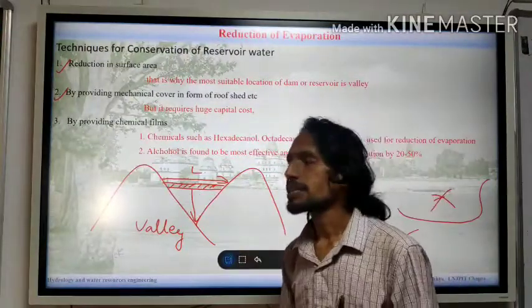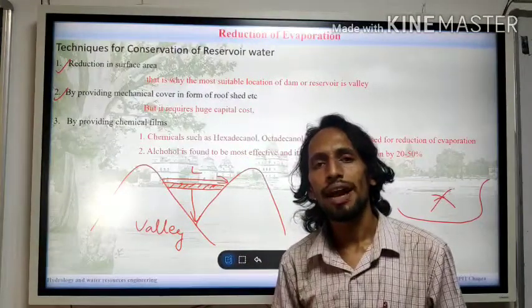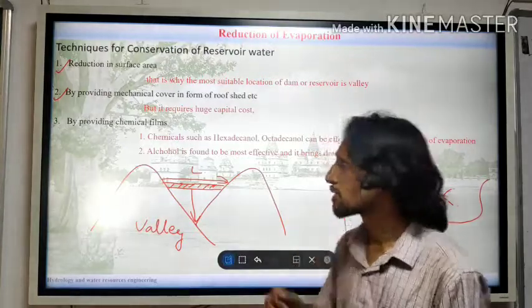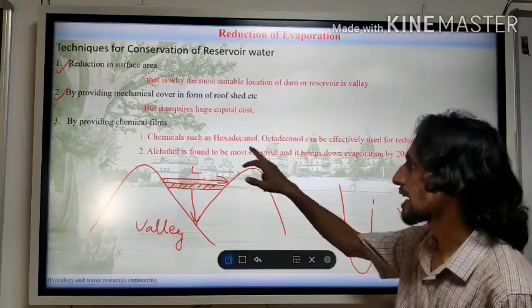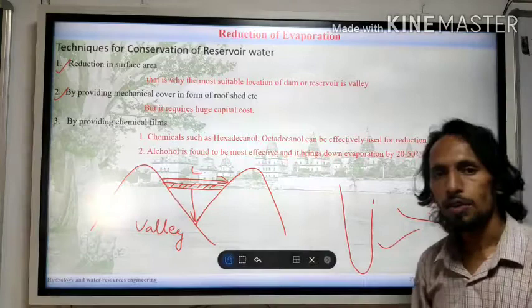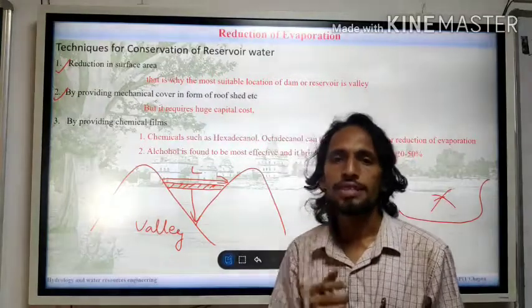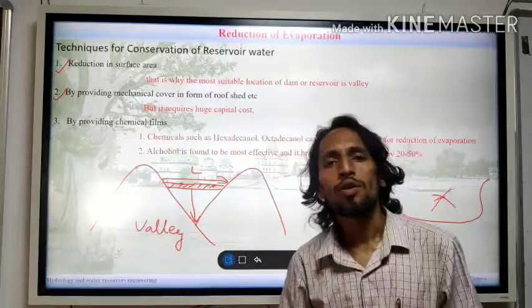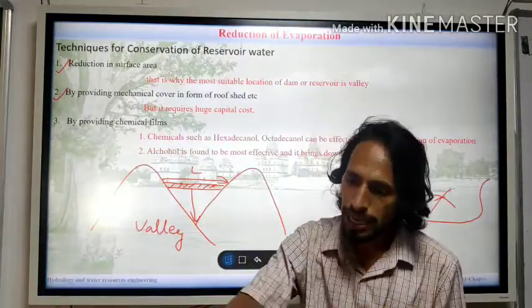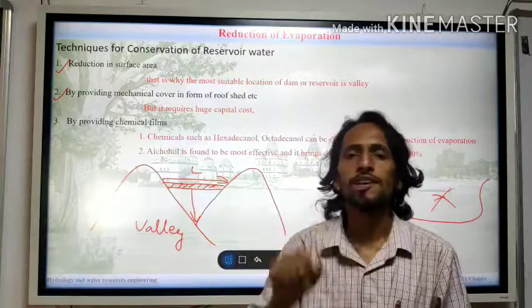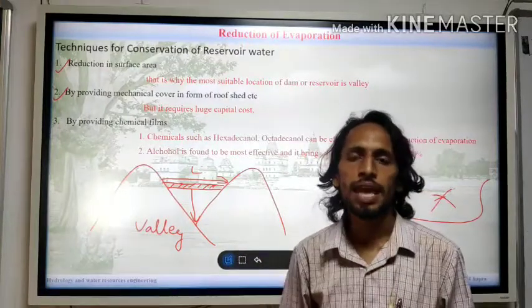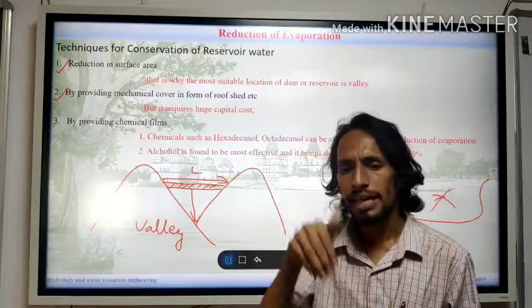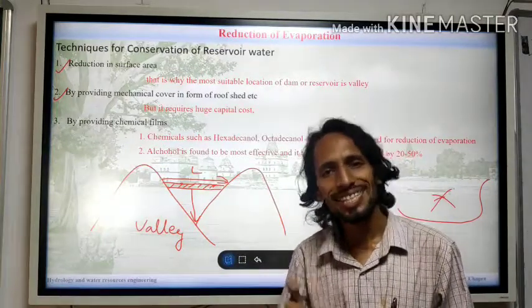And third method is you can provide the chemical film. So there are some chemicals like hexadecanol, octadecanol. Okay, you take a bottle of this chemical and you go to dam, you pour it over the water surface and it will make a thin, very fine film over the water surface, and your sunlight will not easily penetrate into the water, or to a lesser extent.